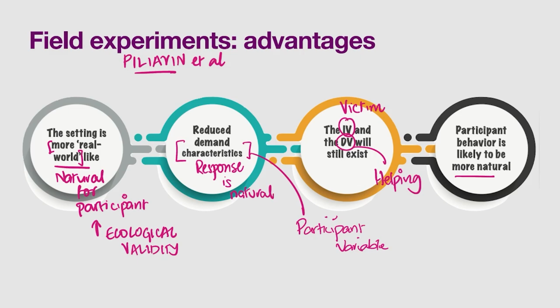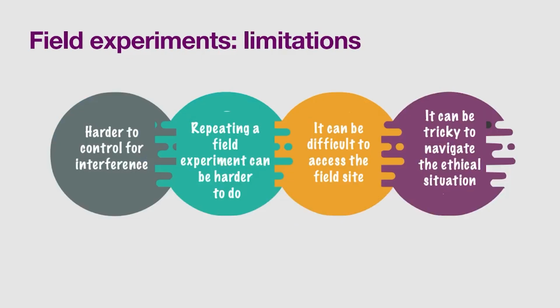Next, let's look at the limitations of this kind of experiment. So first up, because it is not always possible to control for interference, meaning to control for extraneous variables, a field experiment's results may sometimes lack validity or reliability because you cannot introduce a very high degree of control in a field experiment.